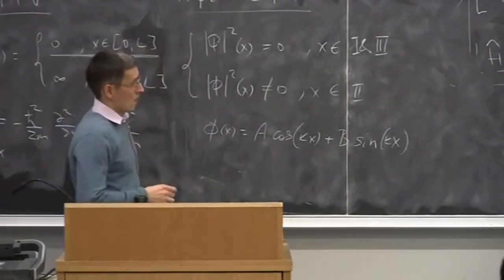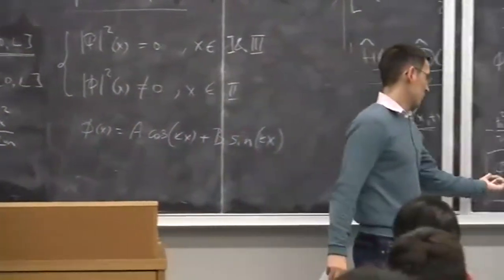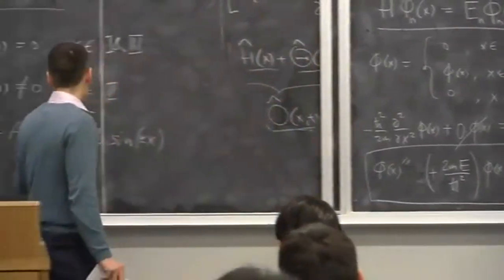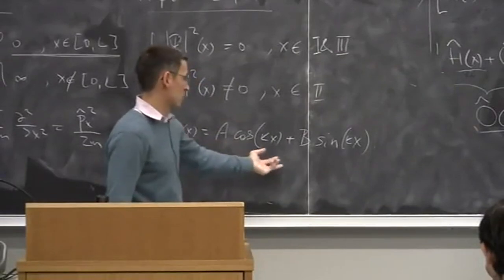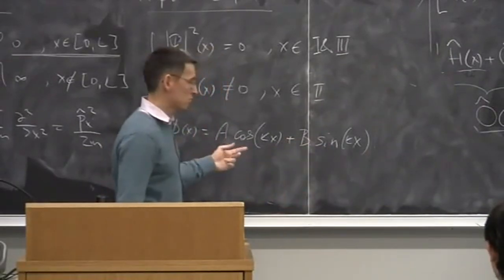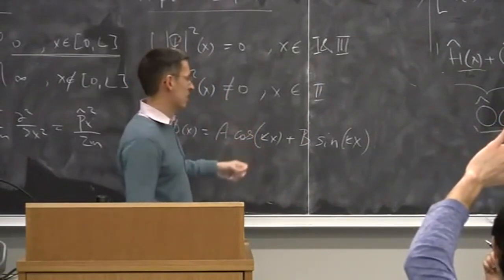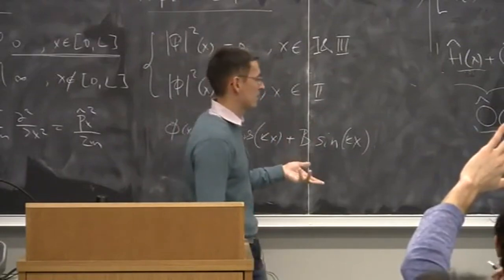Why is that? Because when you take a second derivative of the function, you can see that if your function is a linear combination of sine and cosine, cosine after differentiating twice will turn back into cosine, and sine after differentiating twice will turn into sine.